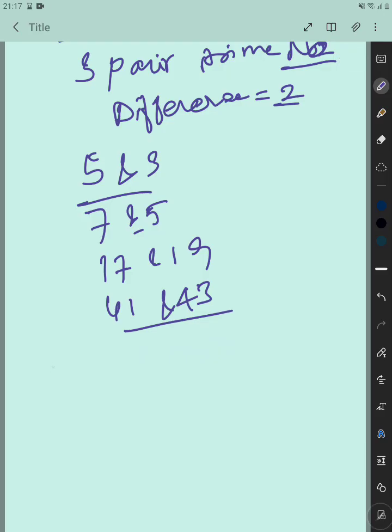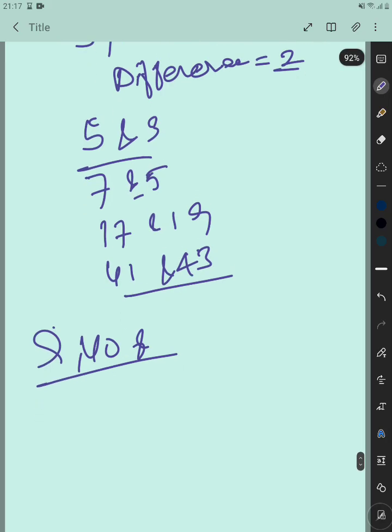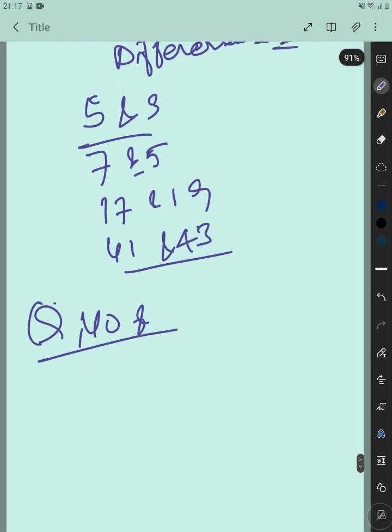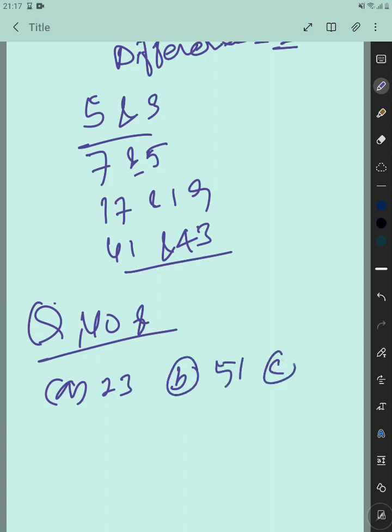Now come to question number 8. Which of the following numbers are prime numbers? They are asking which number is prime. A is 23, B is 51, C is 37, and D is 26.